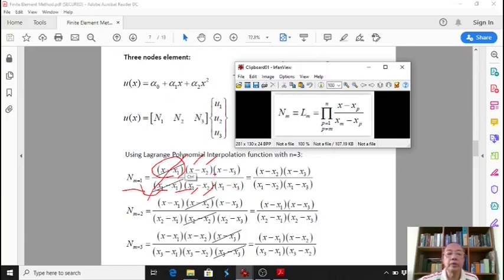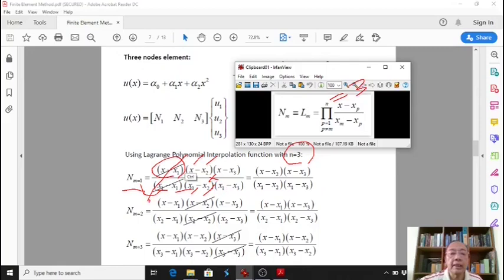Okay, we need to multiply more until p reaches n, which is 3 here. So multiply by x minus x3, so p becomes 3, per xm, xm is x1, so x1 minus x3.